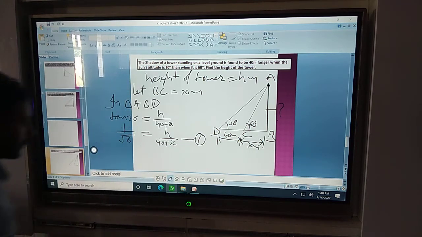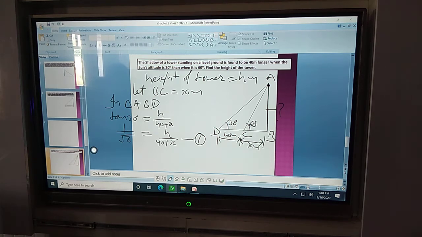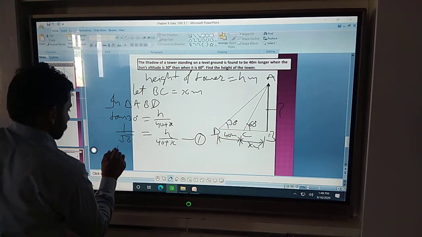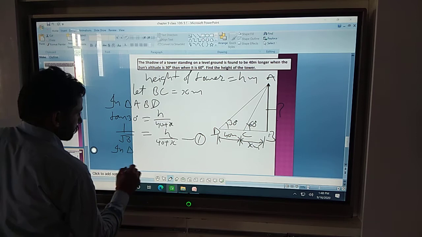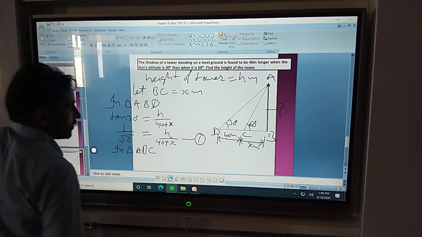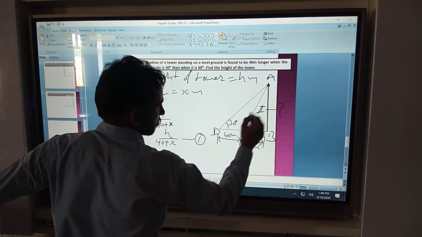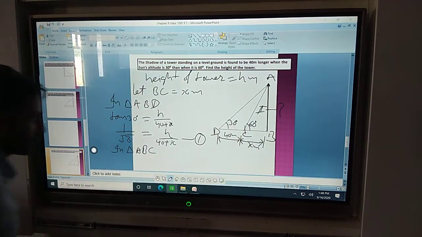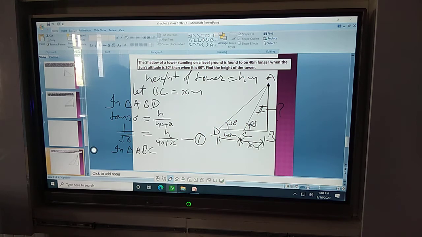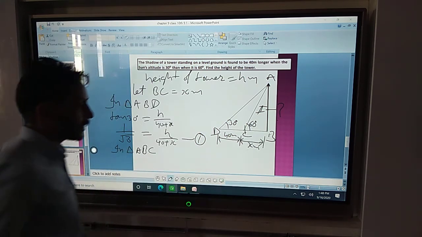This is equation number 1. Now, taking another triangle ABC. This is the second triangle, and the whole triangle is the first. In triangle ABC, the angle of elevation is given 60 degree.